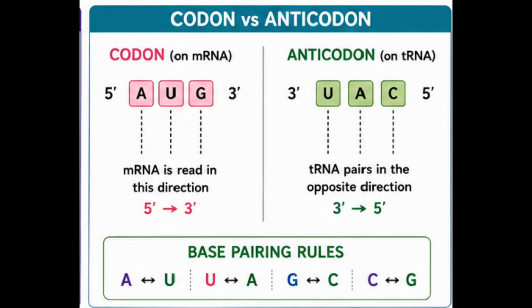So in simple terms, the codon is the instruction of the mRNA while the anticodon is the magic sequence of the tRNA that helps bring the correct amino acid. This matching process allows the ribosome to build the correct protein.